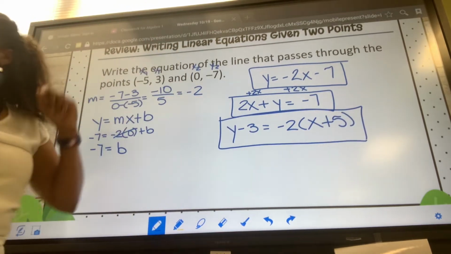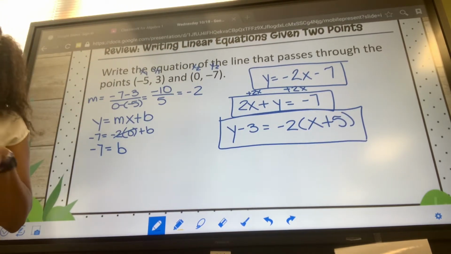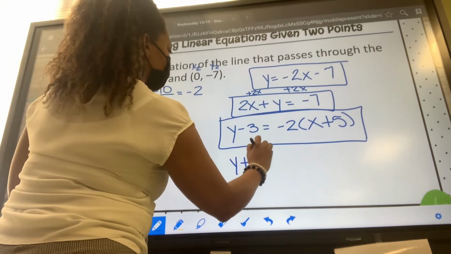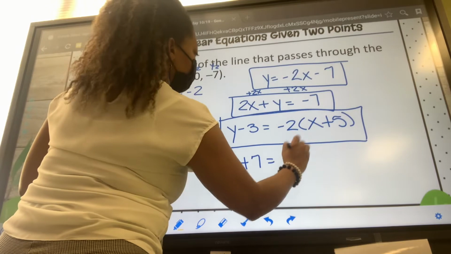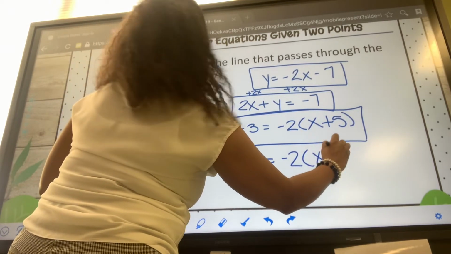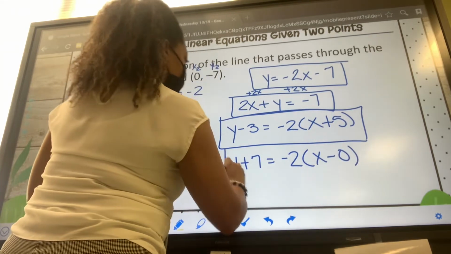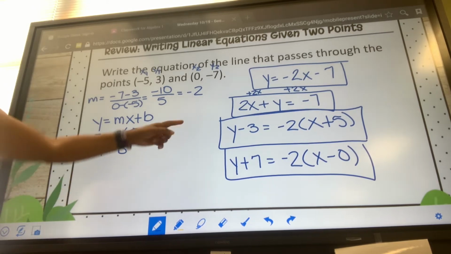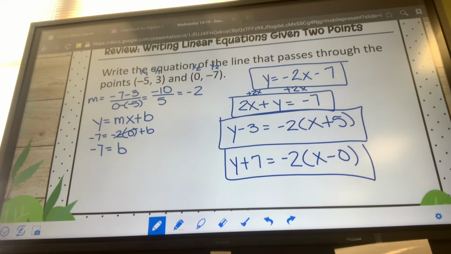And on this one, I'm going to have y plus 7 equals negative 2 times x. It could just be an x, or it might say a minus. Those are your 4 answers: your slope intercept, your standard, and your 2 point slopes. Those are the 4 that should have been on your little paper.